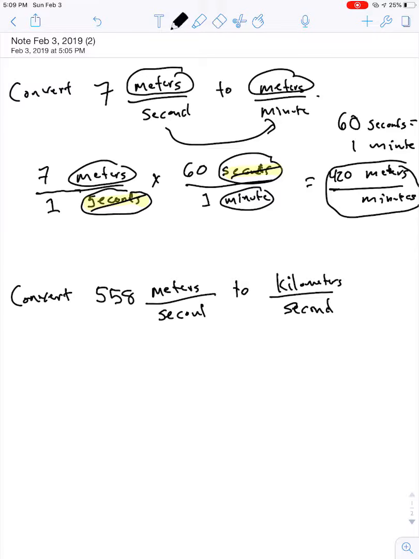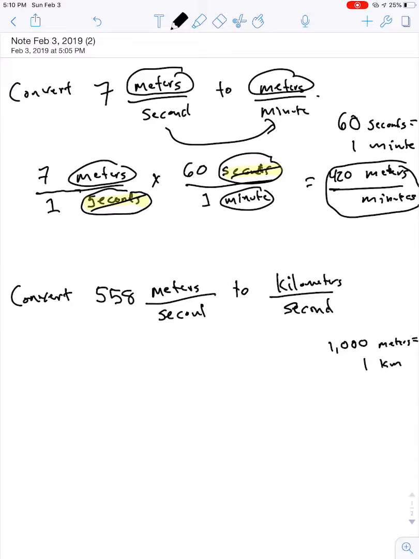Okay, and number 2, I'm given convert 558 meters per second to how many kilometers it is per second. And I know that there are 1,000 meters in 1 kilometer. Now, I said in the first example that the most important part of the unit conversion process is to have, for example, seconds on the denominator in number 1.